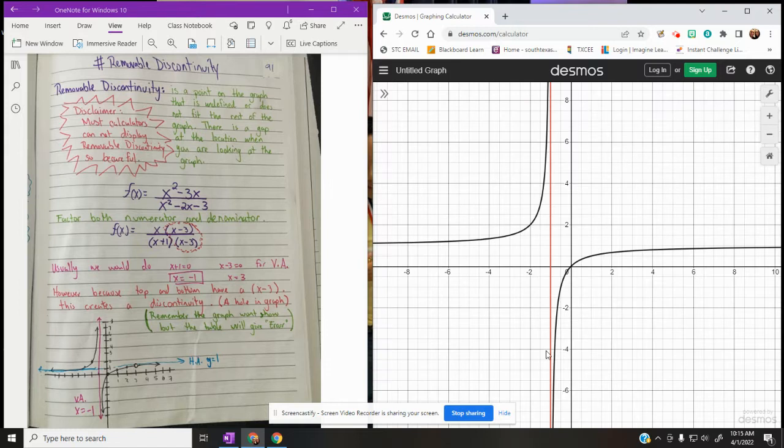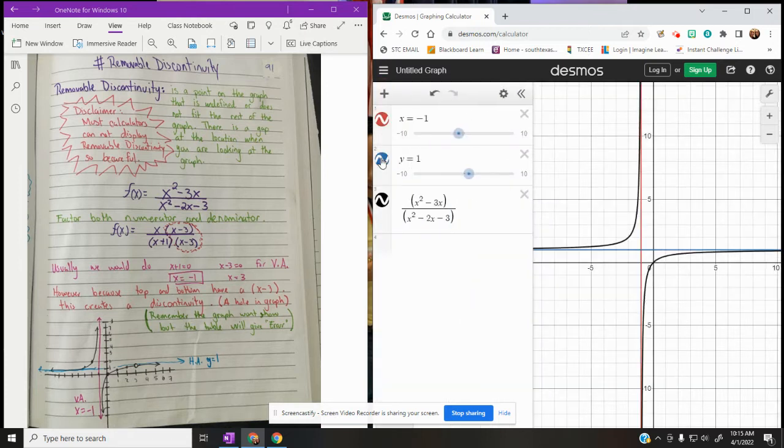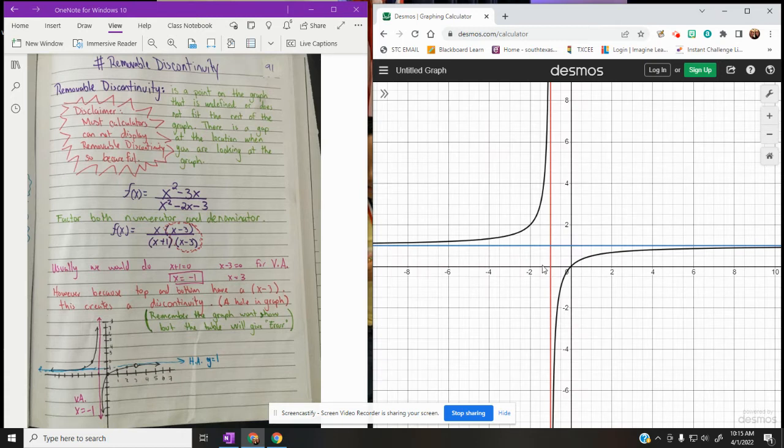Because we cannot have x squared equal to 0. We also know that the degrees play a big part, so we can get our horizontal asymptote, correct? So we have a horizontal.